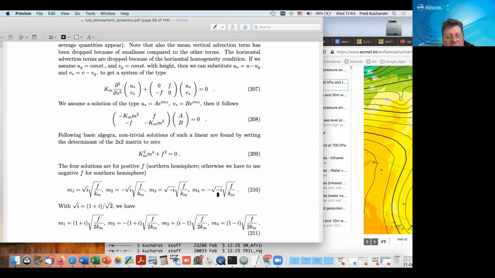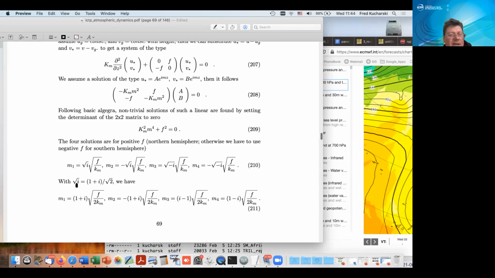It's kind of tedious. There's also the problem that we get the square root of i here, but the square root of i can be replaced by some identity by this here. So we can simply express the square root of i here. Now we are lucky because we have assumed that our flow as we go high up should converge to the geostrophic wind.